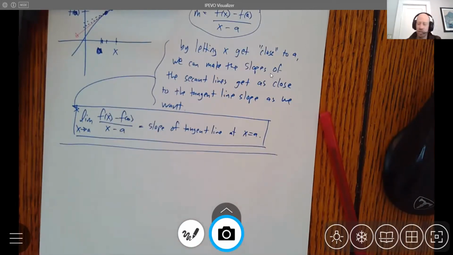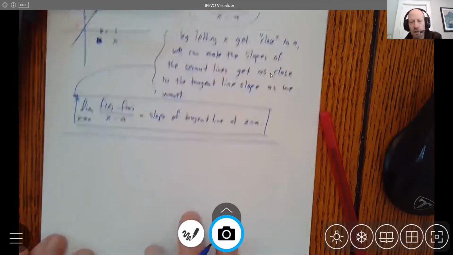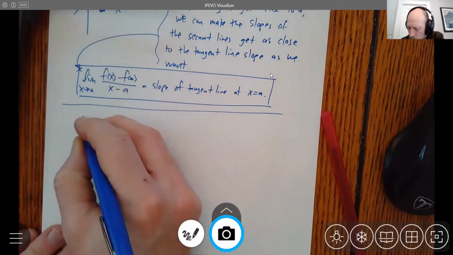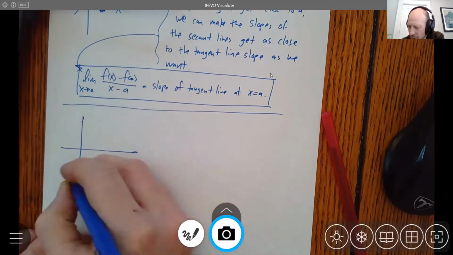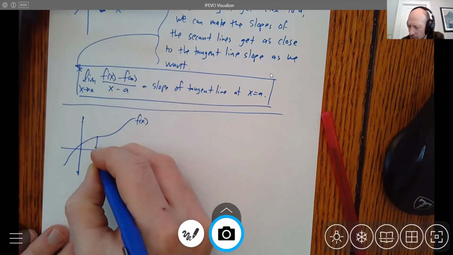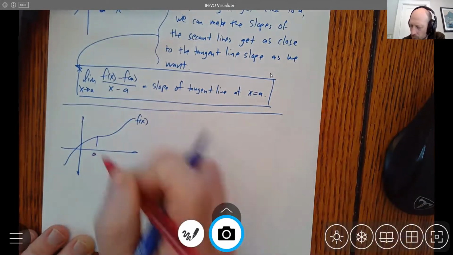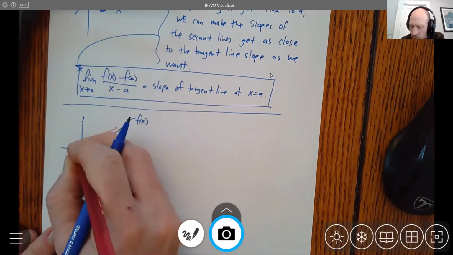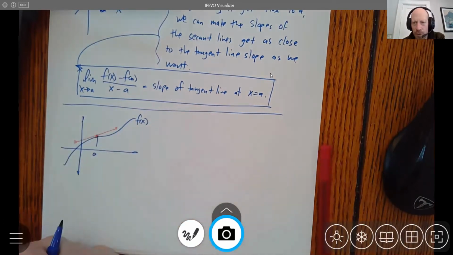So it turns out there's an alternative definition for this slope of the tangent line that is often easier to use in practice. So I'm going to give it to you again with just a very slightly different formulation. So we still have our curve here, which we're calling f of x, and I still have my point A, which is where I want to find the slope of that line.